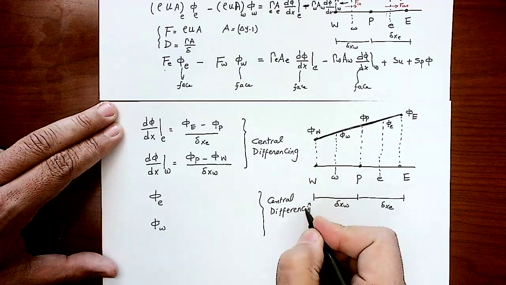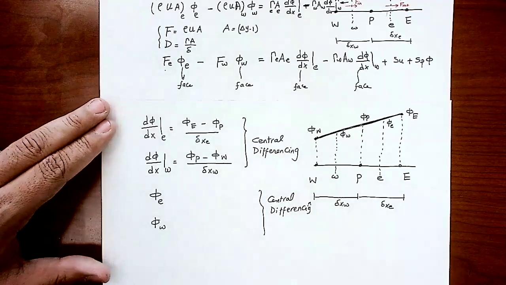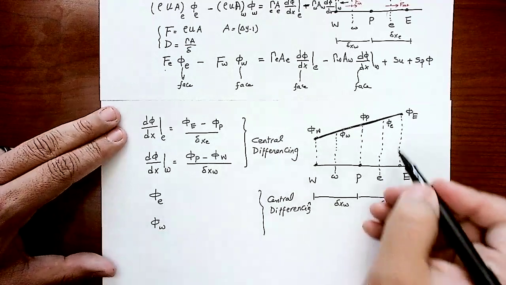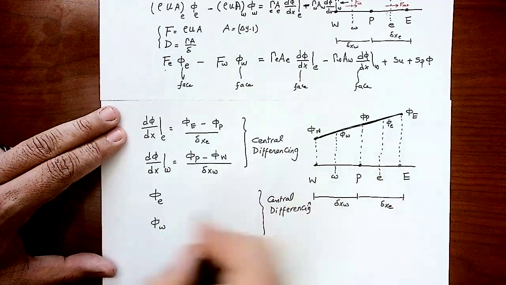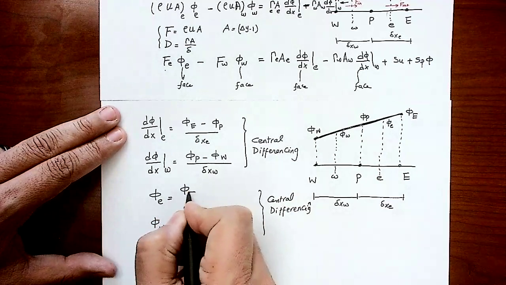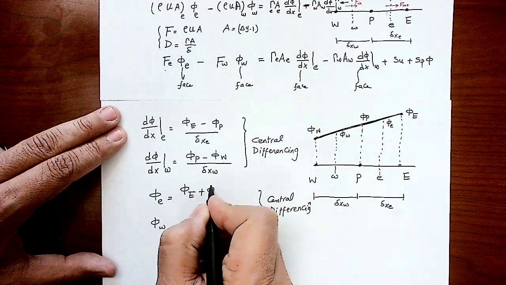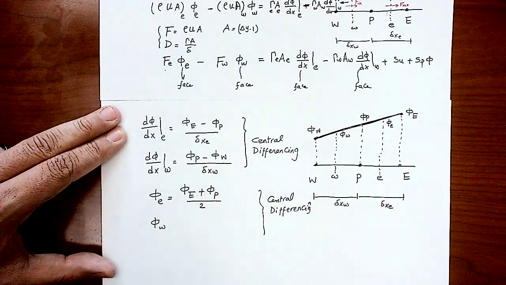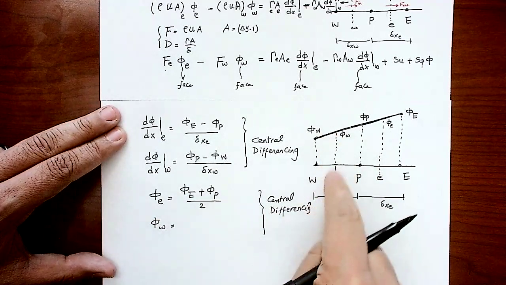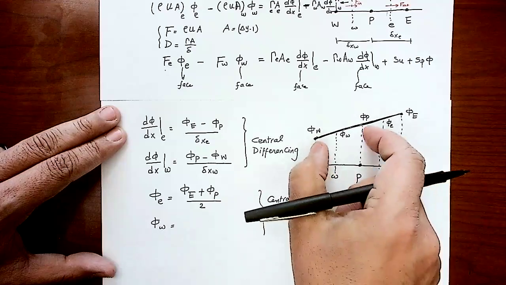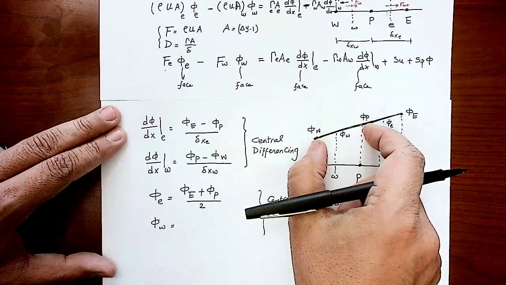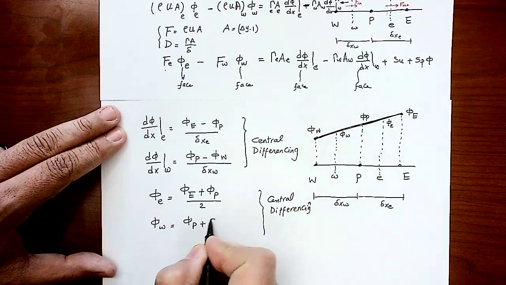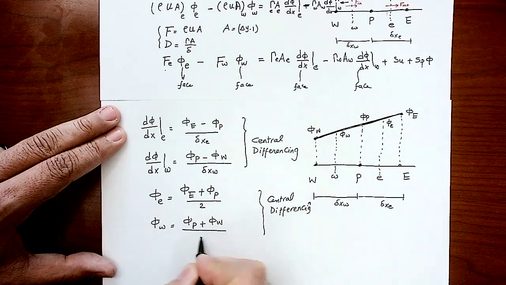Okay, so how to do that? It is simply the average. So what I'm going to do, I will assume the value at the east face is simply the average between phi E plus phi P divided by 2. And the value of phi on the west face is an average value of the two values of phi at the surrounding nodes here. So this will be phi P plus phi W divided by 2.